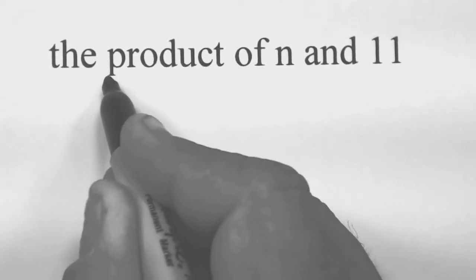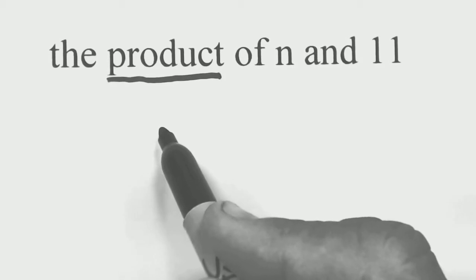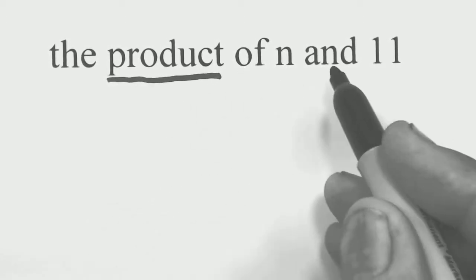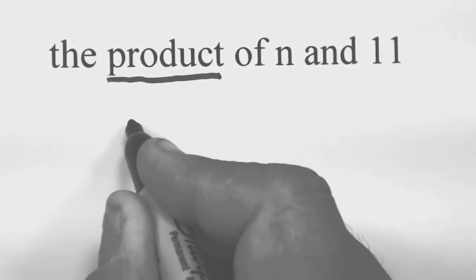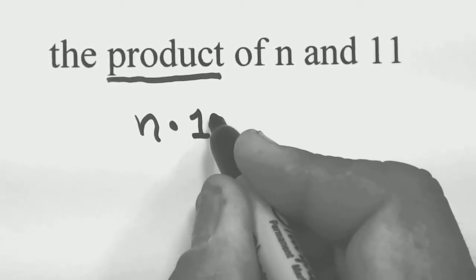Okay, next up, let's take a look at something that indicates multiplication. And remember, of course, product is the mathematical term to indicate that you're multiplying. In mathematics here, we have both addition and multiplication as being able to add or multiply in any order. So we don't have to worry about really what order we put this in. I'll just again take them left to right, and we could write this as n with the multiplication dot times 11.